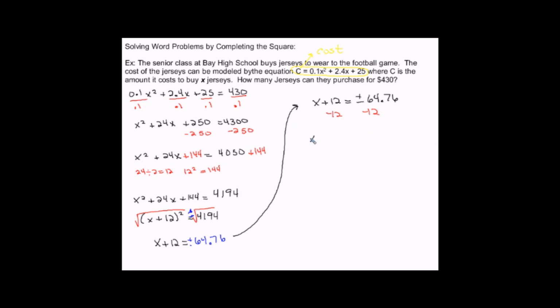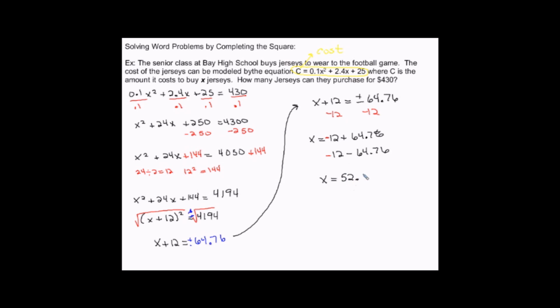And so I'm going to get x is equal to 12 plus 76, sorry, and 12 minus 76. So x is equal to, sorry, this is negative 12. Don't forget that.